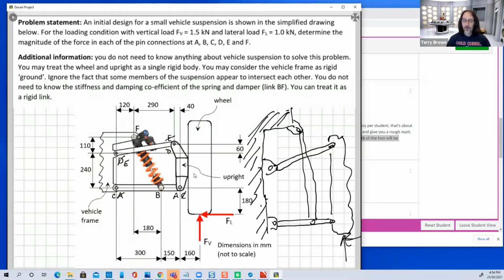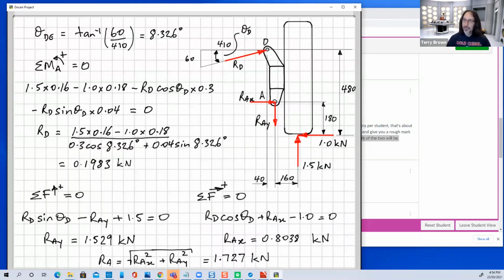And when you're drawing your free body diagram, so if we go to our next page, when we draw these forces here, what these forces represent are the interaction between this body and the body that we've removed. So that lower body ABC exerts RAX and RAY on this upright.